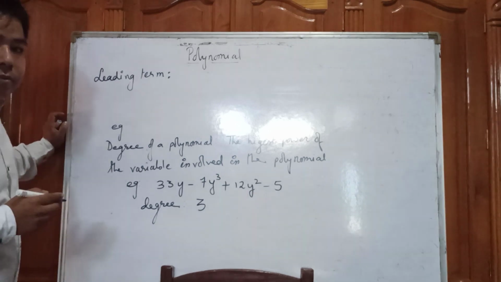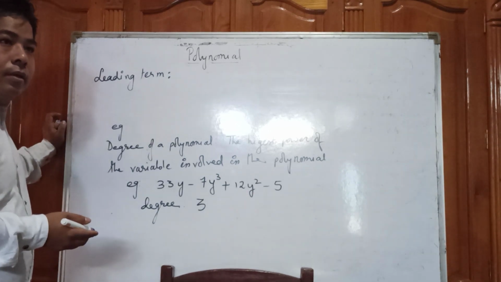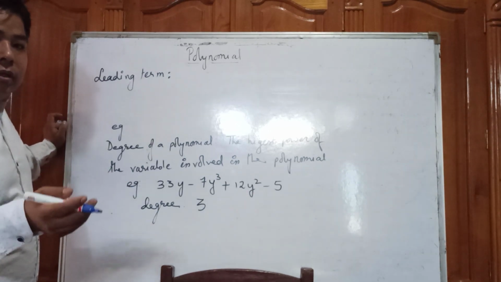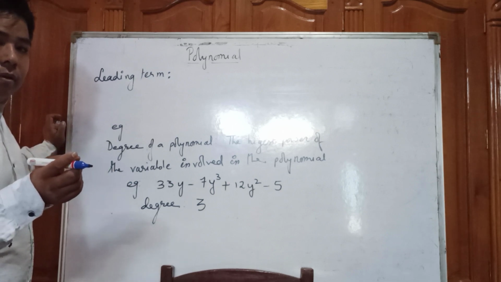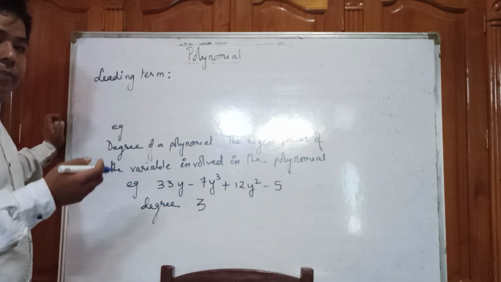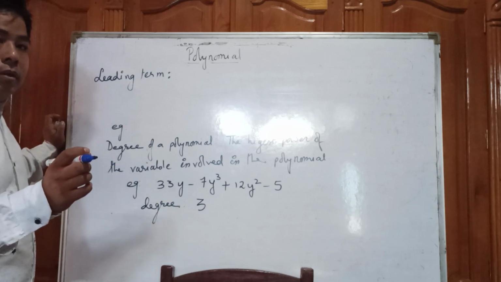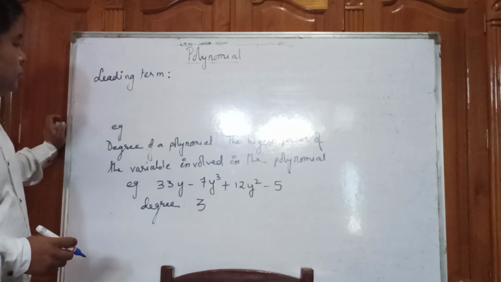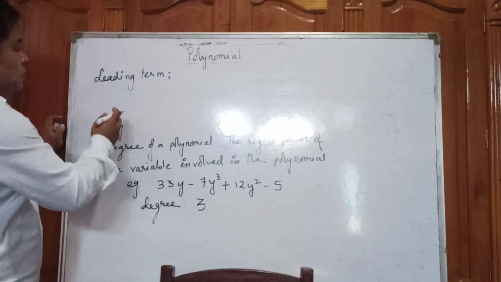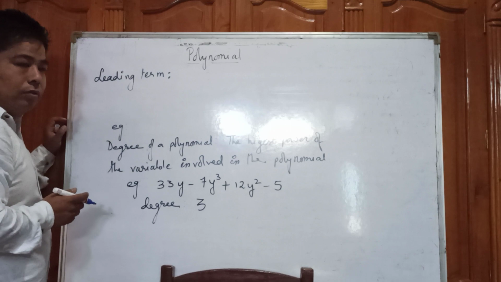So what are leading terms? In a polynomial, there might be 1 term, 2 terms, 3 terms, 4 terms, or an infinite number of terms. But among those terms, only one term is going to be called the leading term. Let's come to this definition first.